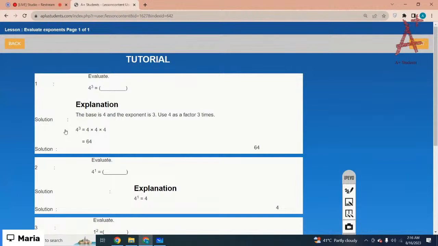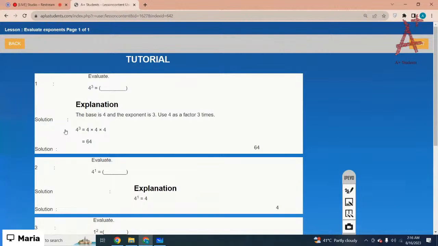Okay, the next one is 4 exponent 1, right? Any number whose exponent is 1 equals the same number. So 4 exponent 1 equals 4, right?